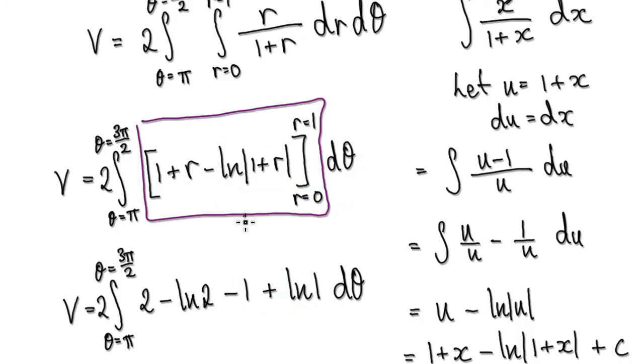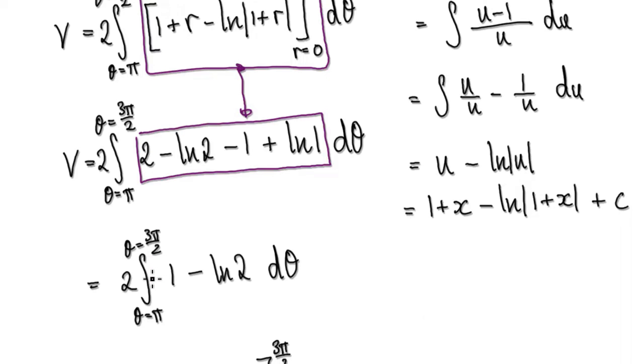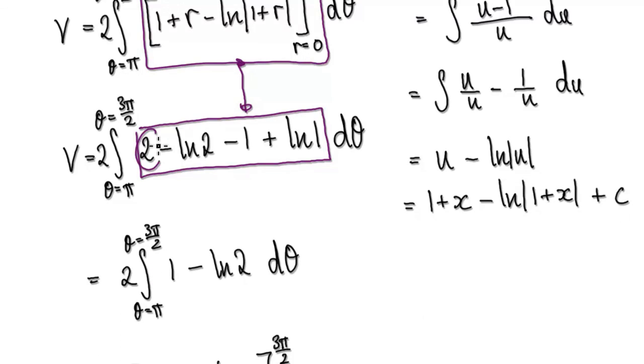If you think about it, pause the video if you want to, the whole thing becomes this. Then 2 take away 1 is 1, and natural log of 1 is just 0.